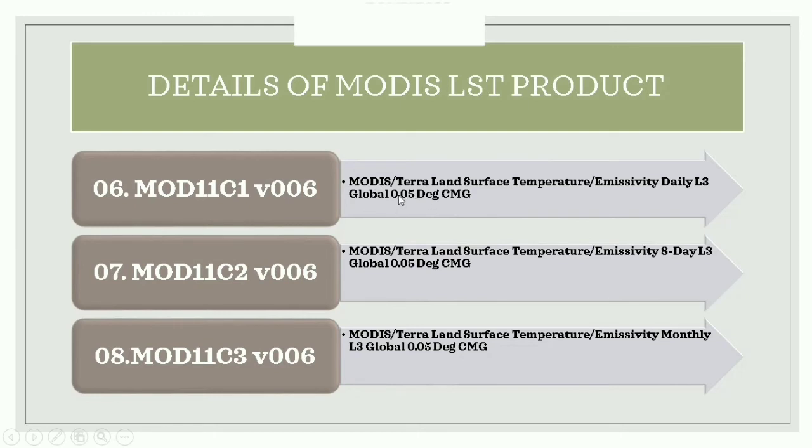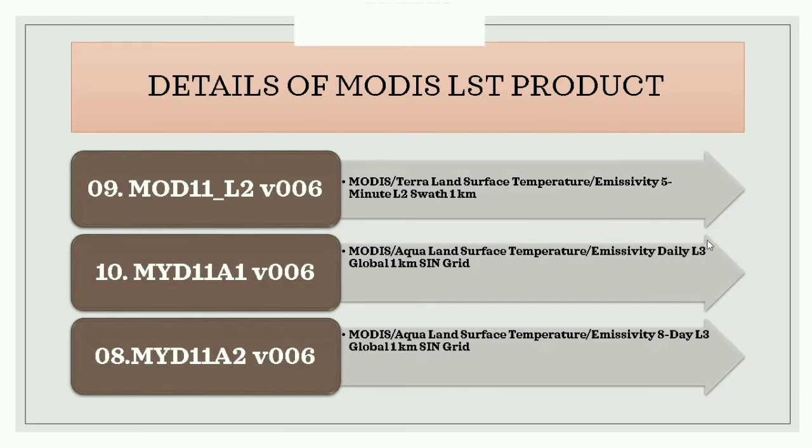Here 0.05 degree, 0.05 degree and 0.05 degree. Three products are covering the global area. So whichever country you need, you can take that and utilize it, or if you want to do analysis globally, you can use this data. So this is a very useful product for you. In the next slide you can see MODIS 11L2.